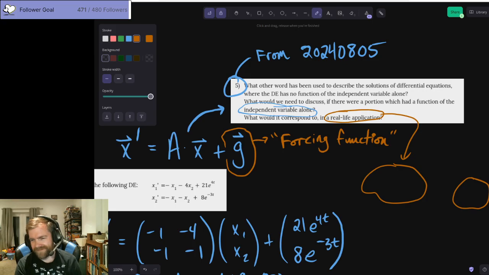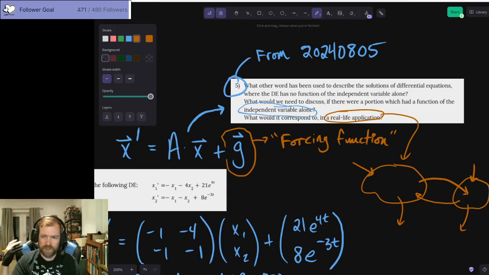We have some sort of spillover of the pollutants that were in each of the ponds, and they each have some sort of inlet that has a certain concentration of pollutant coming into the water, and then both of them have some sort of system by which the water is going to leave the system, taking some of the pollutant with it.